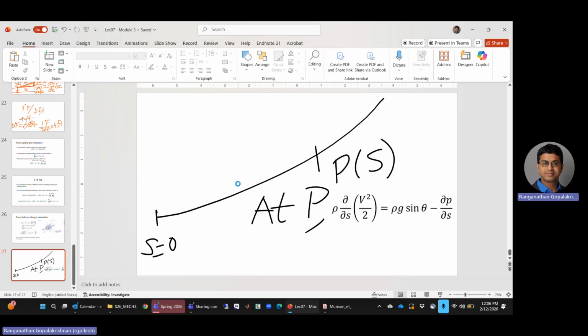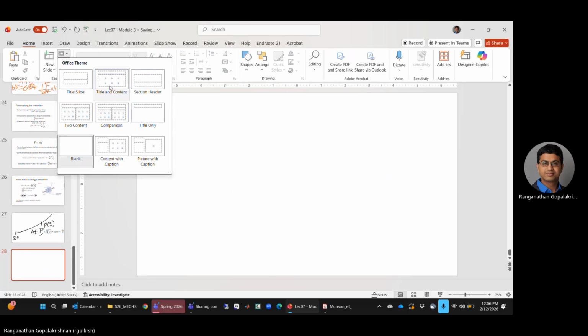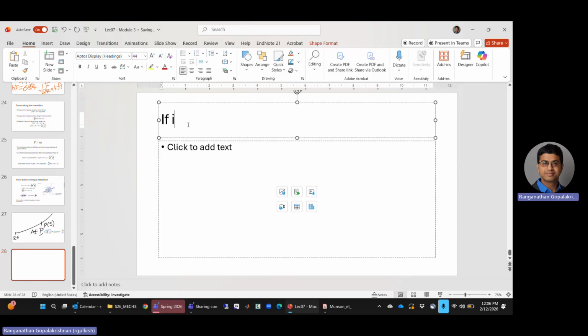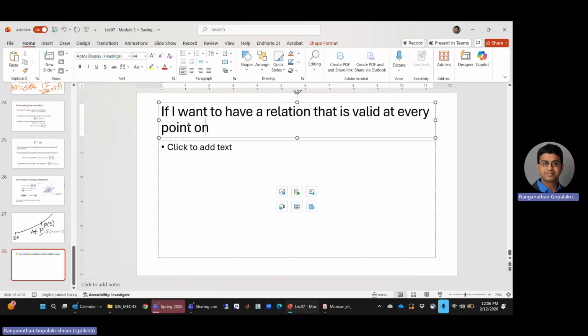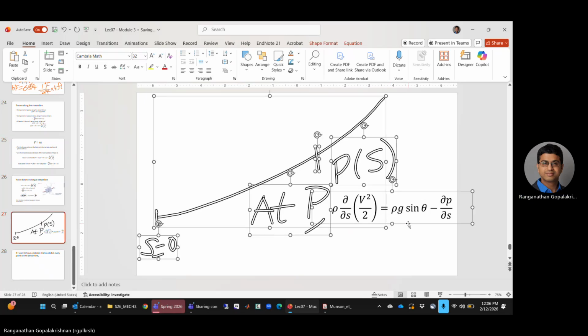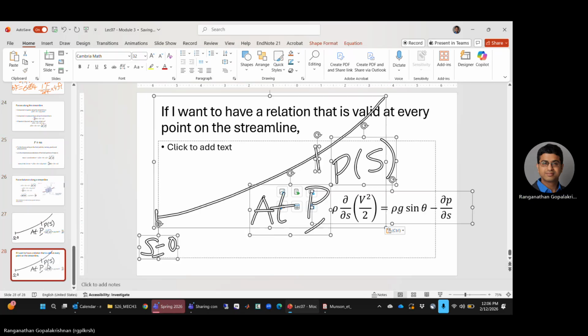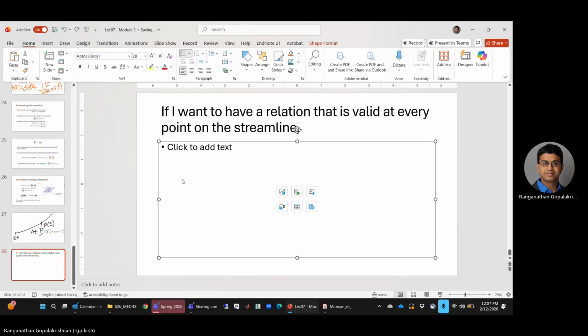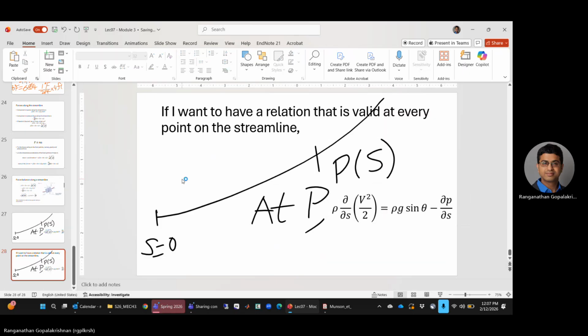If I want to have a relation that is valid over the entire streamline, at every point on the streamline, what I would do is I'll start with this picture.